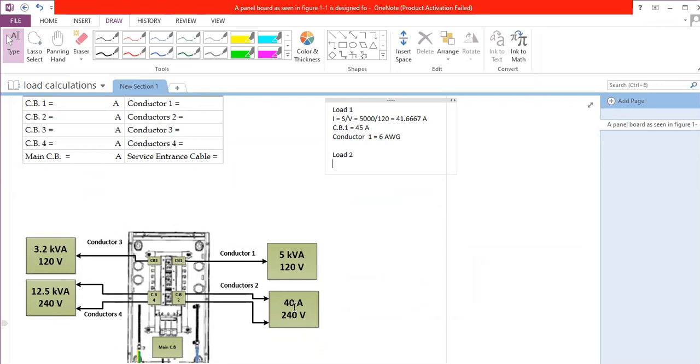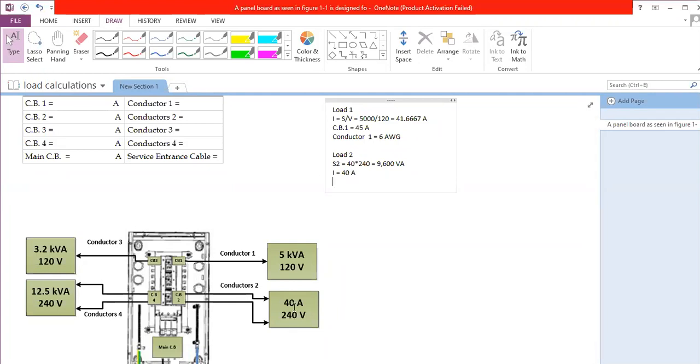I'm going to calculate the power just in case, because I'm going to use it again later on. S2 will be equal to 40 times 240, which is equal to 9,600 volt ampere. Now, what about the current? The current for this load is already given, and it is equal to 40 ampere, okay?